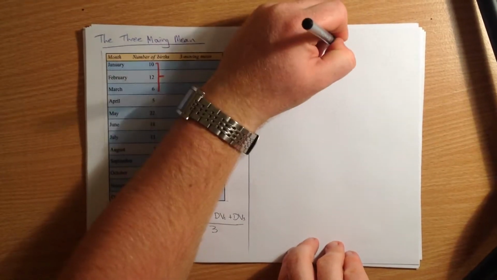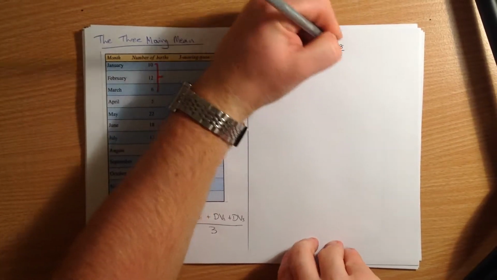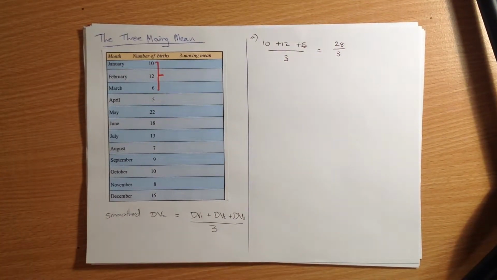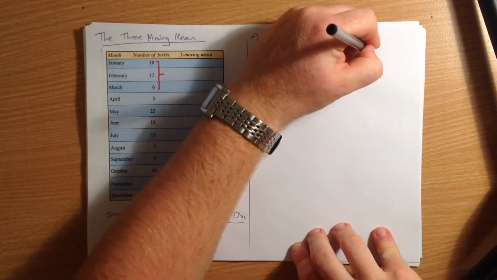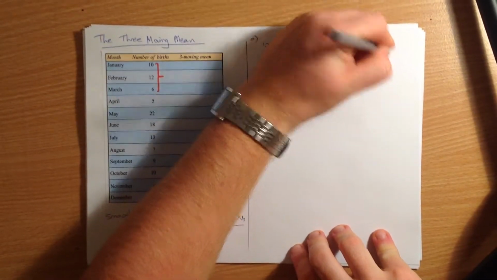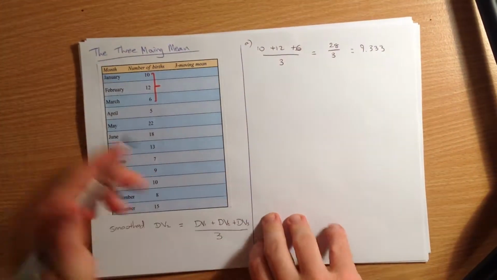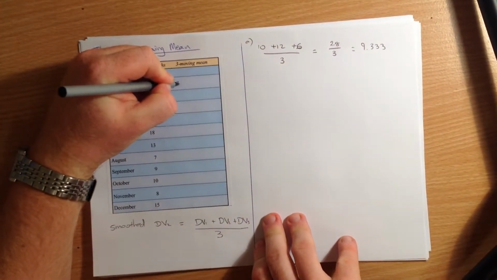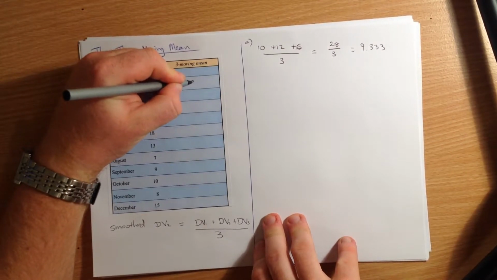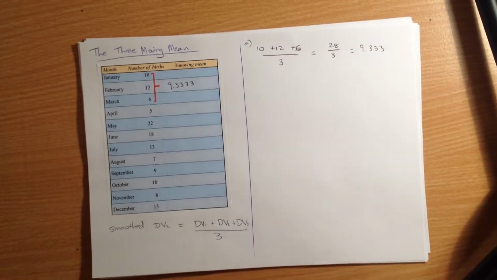So we've got 28 divided by 3, which is 9.333. So our first smoothed mean is 9.3333.